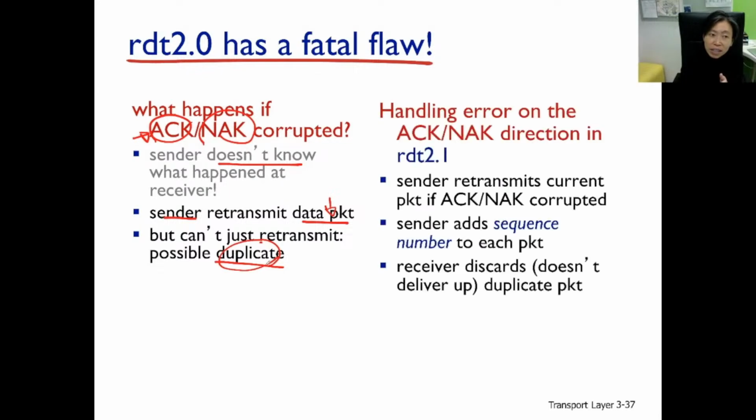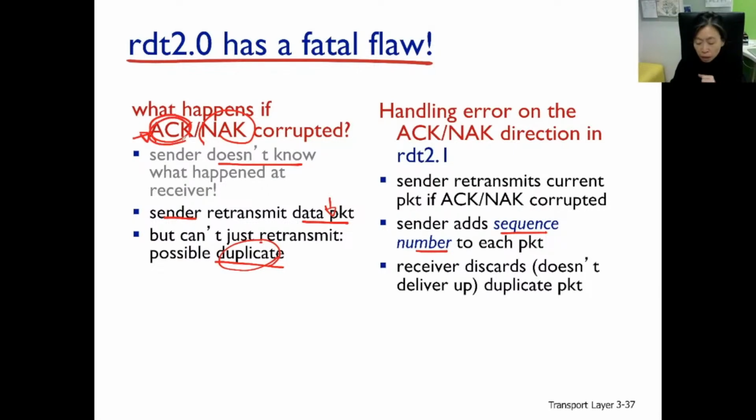So in RDT 2.1, to seriously address the issue, we need to add a sequence number to the packet sent so that the receiver side can check the sequence number and see if the packet that has already been received earlier matches the sequence number that the receiver is receiving now. If they match, then that is very likely a duplicate from the sender, and the corrupted feedback is an ACK.